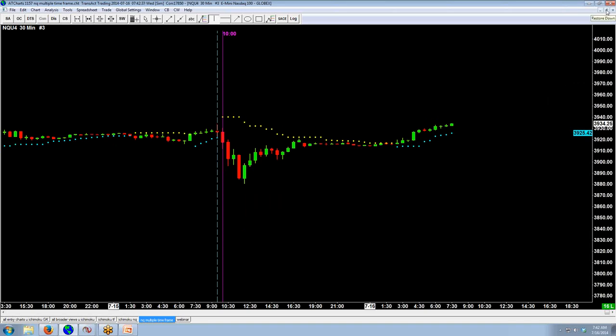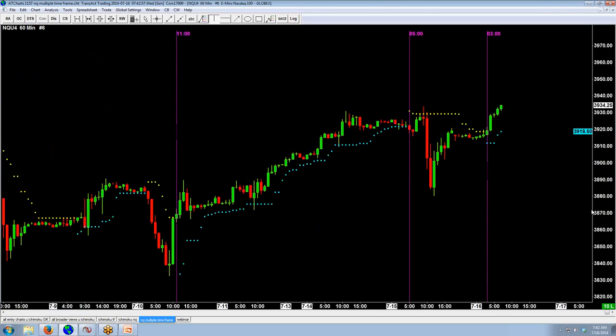And like I said, I prefer the range or tick charts for my entries, but somebody who swing trades, for example, they would likely use a larger chart to make their analysis for their entries as opposed to a 2-minute or a 5-minute chart. And then here's a 60-minute.